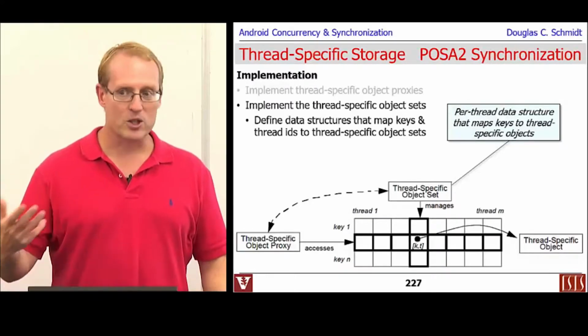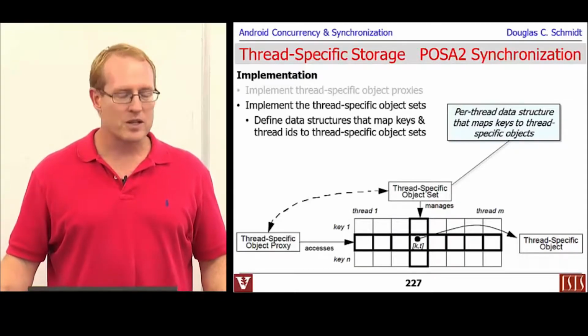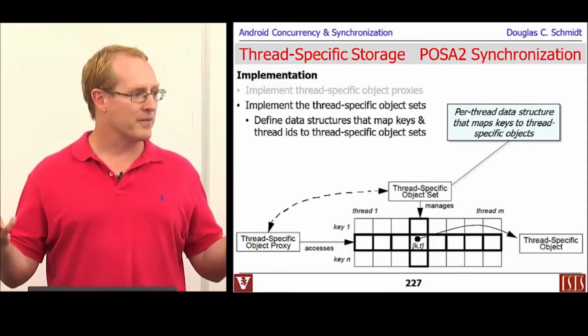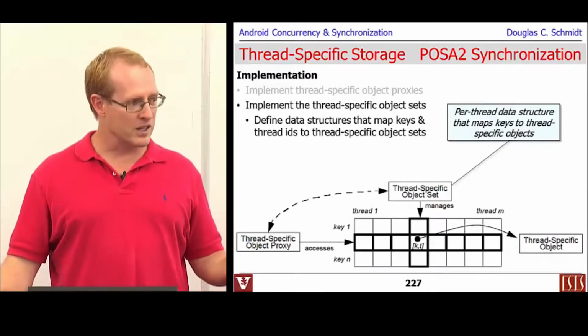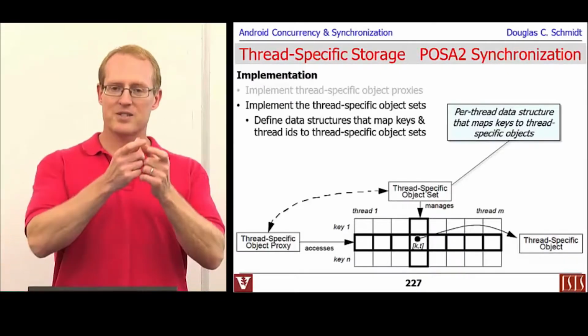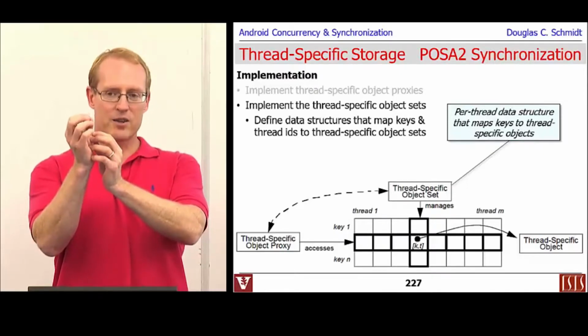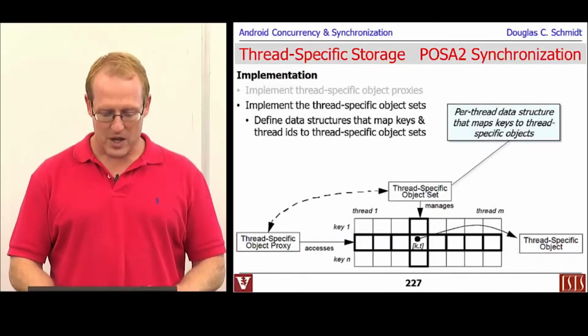If you want to support a much larger number, then you're going to have to use a data structure that's capable of expanding. The most common thing to use there is some kind of hash map. So you would look things up and find the thread-specific object that was stored there.